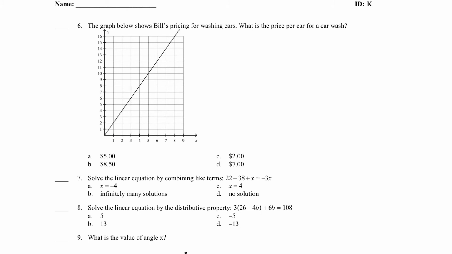Well, this is the price, and this is the number of cars. So we just need to find the cost for one, and it looks like it hits right here, and it's $2. So that's C right there. Unit rate is $2 for 1 car. Easy.